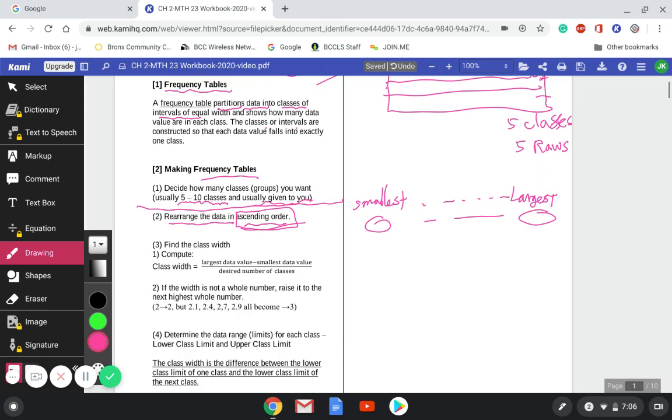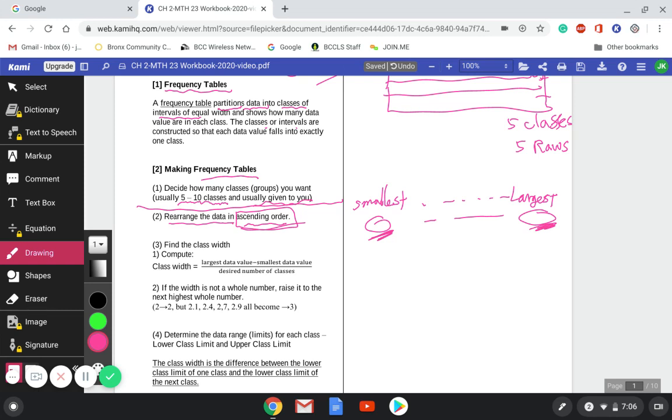If the data is already arranged in ascending order, then you don't have to do anything. If it's not, it will definitely help you to rearrange it, so at least you will know what the smallest value and the largest value are. That's normally the first thing you do, and that's very, very important.